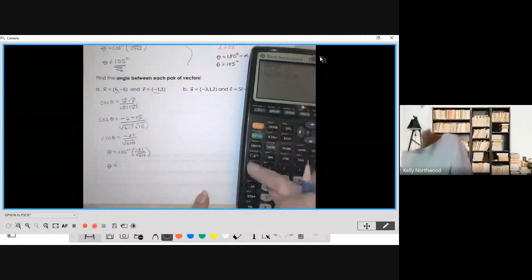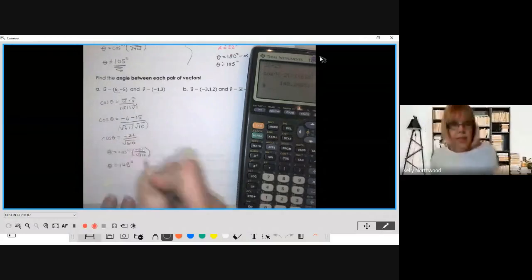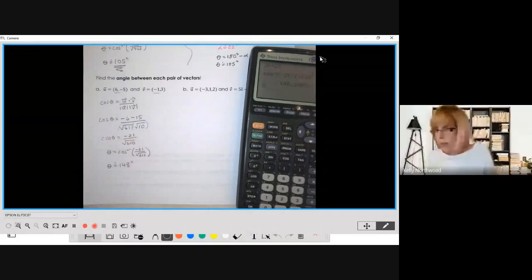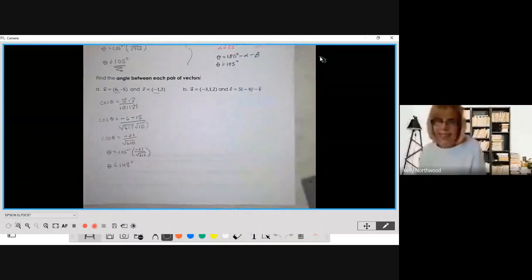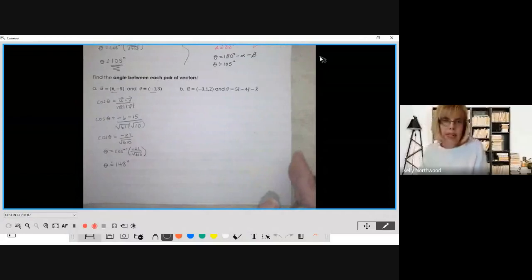Entering in your calculator is one of the hardest parts, I think. I got 148 degrees approximately. Did anyone else get that? Yes, I think that's a good number. Okay, good. If you need help with your calculator, stay around after we're done the Google Meet, and I'll see if I can help you on the Meet.